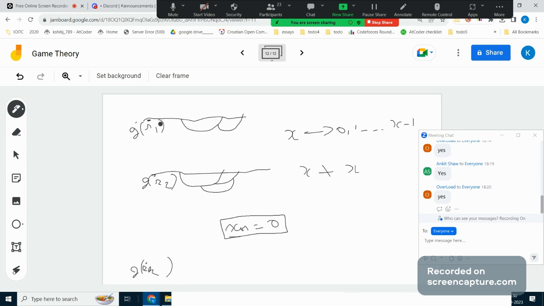Suppose in the graph there are no edges from x to z, where these are Grundy values with x less than z. Then if this condition is not there, this is equivalent to the NIM game. So did everyone get this part on how it's equivalent to the NIM game?